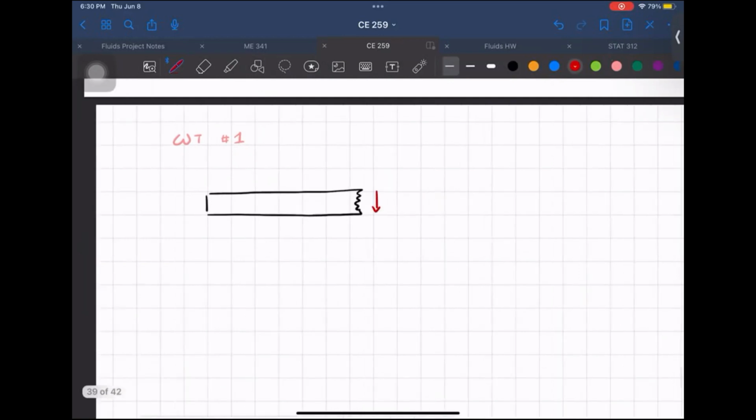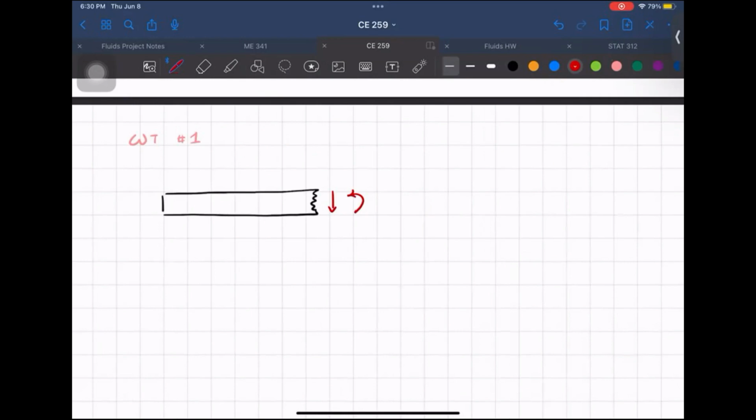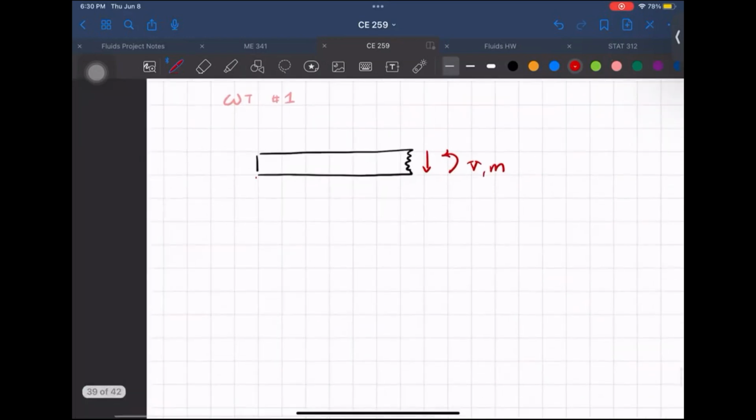There's a shear at the end and a moment. We have our AY, but we figured out that AY has a value, which was WL over 2. So instead of writing AY, we should write WL over 2.